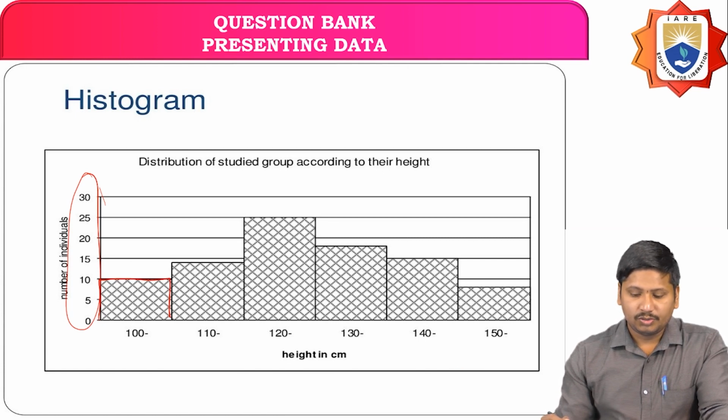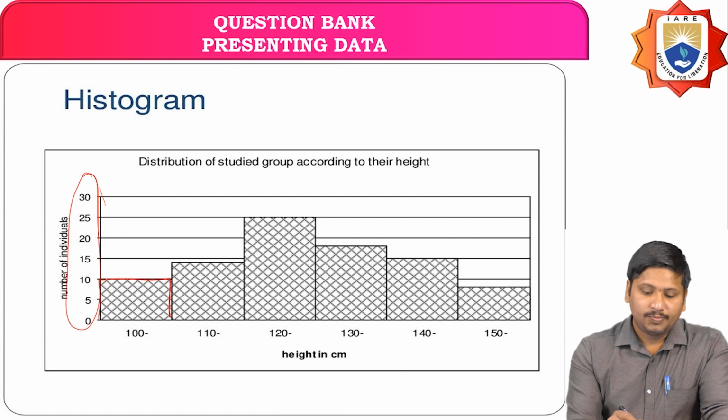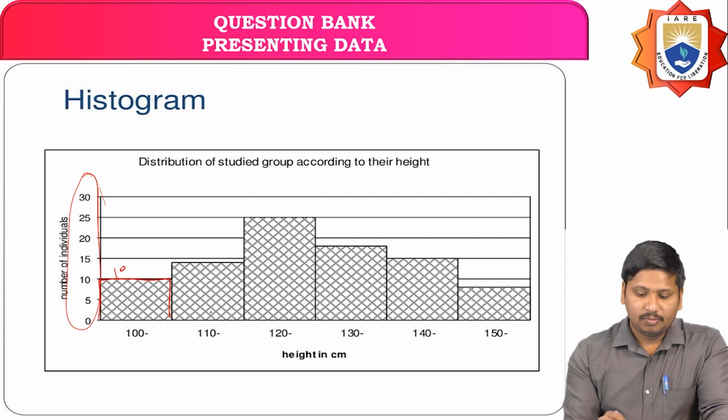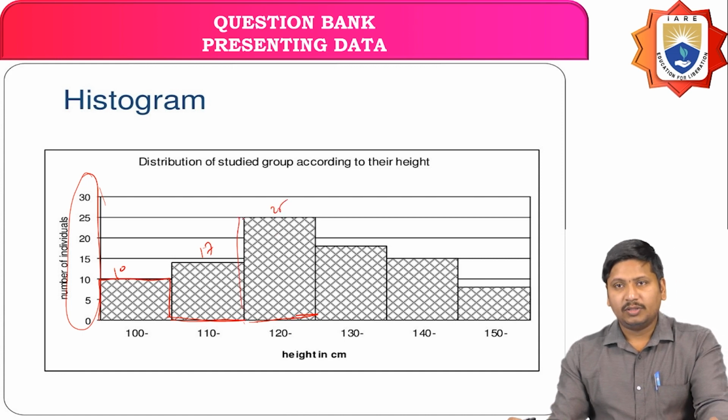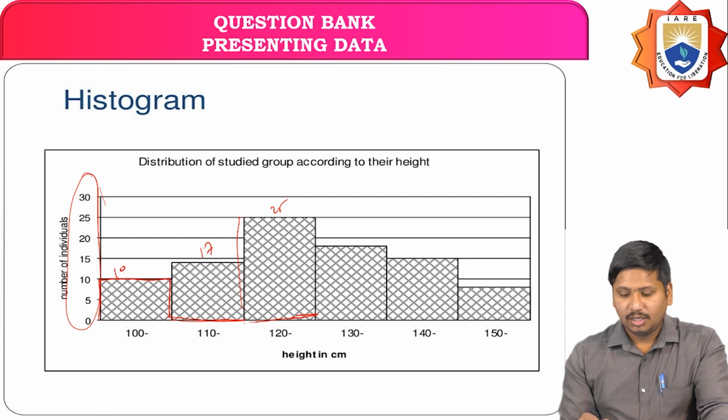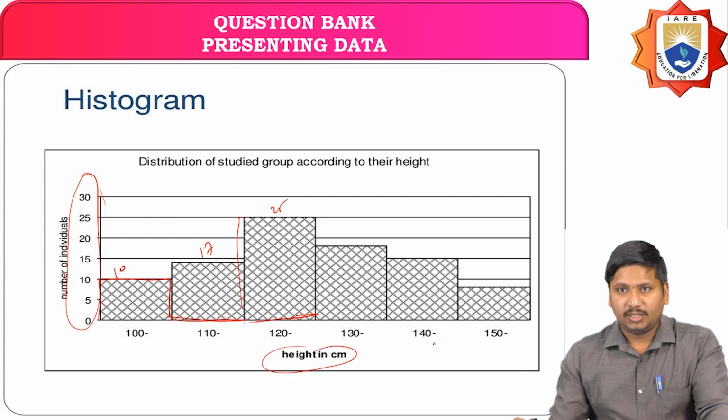Between 100 to 110 centimeters, how many individuals are there? Let it be 10. Similarly, 110 to 120, let it be 70. And between 120 to 130, 25. The height in centimeters I'm taking on the x-axis.